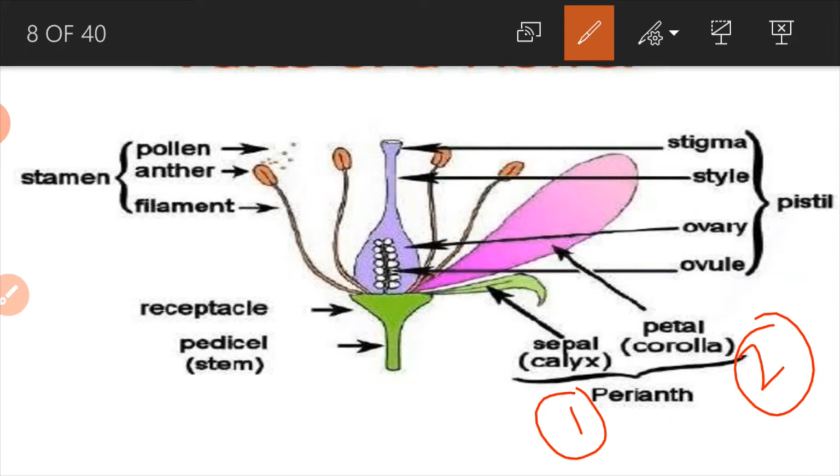Petals are the colored parts of the flower. And the third whorl is that of stamens, and all of these stamens will form the androecium. And the fourth part is the female part of the flower, that is the pistil, and group of pistils will form the gynoecium.